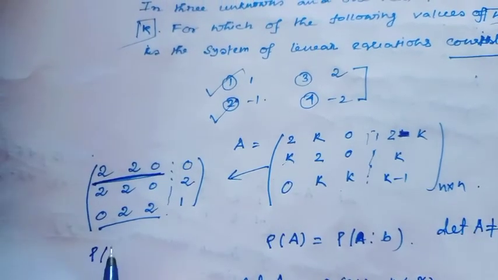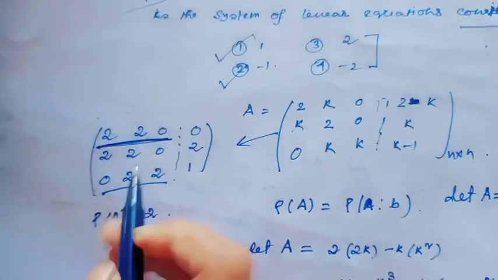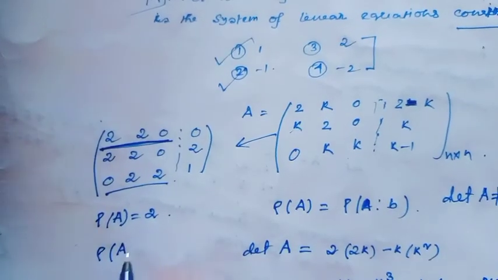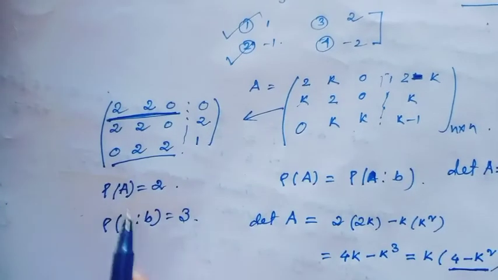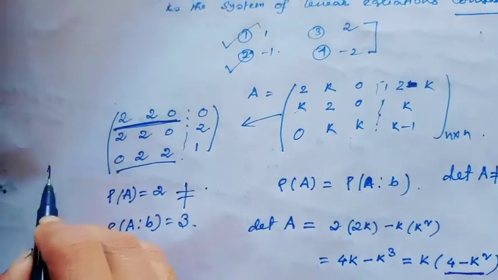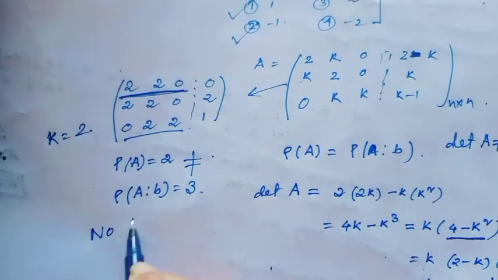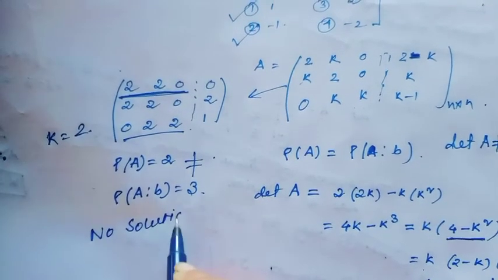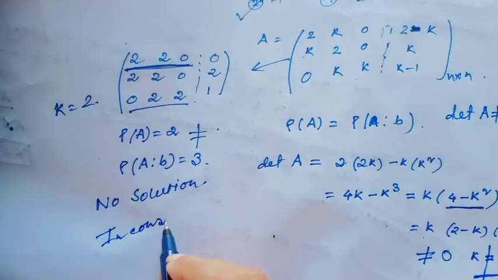That means the rank of this matrix would be 2, but the rank of the augmented matrix would be 3. That means these two ranks are not the same. So for the value k equal to 2, there exists no solution. So this system of equations is inconsistent.